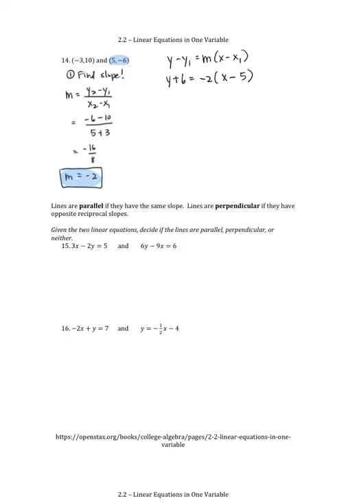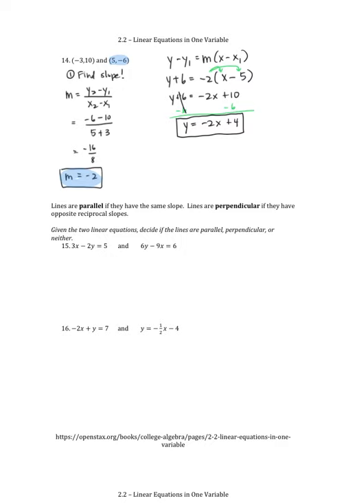Now I want to distribute the negative 2. All right, so we have y plus 6 is equal to negative 2x plus 10. The last step to get the y by itself is we're going to subtract the 6 from both sides. So that'll give us y equals negative 2x plus 4. And there is our equation in slope-intercept form. So that is how you do that if you're given 2 points.